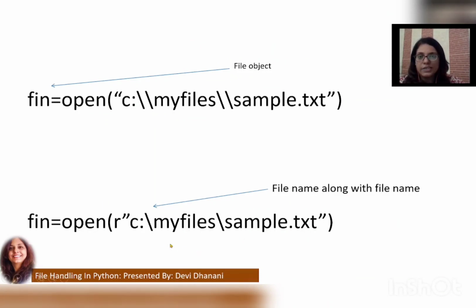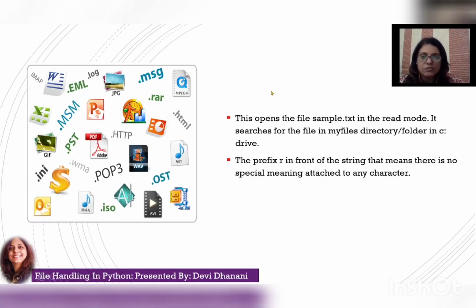There is an alternative method for specifying the path. You may specify R in front of the path and you may use a single slash. Here you have used a double slash. Here you may use a single slash to specify the path. So what happens? This opens the file sample.txt in the read mode. It searches for the files in my files directory folder in C drive.